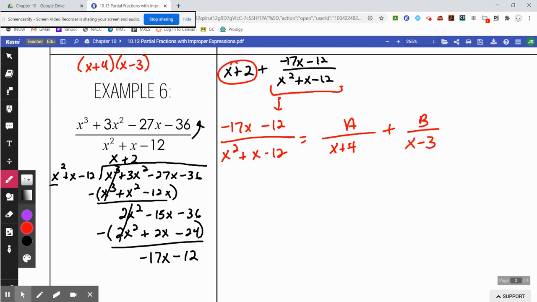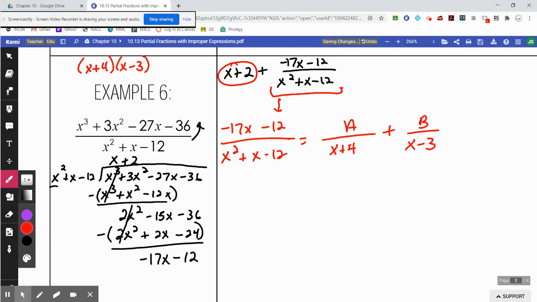So let's multiply everything by the common denominator first. And again, this is your common denominator. You're going to be left with negative 17x minus 12 equals, the x plus 4's cancel and leave you with a times x minus 3, plus the x minus 3's cancel and leave you with b times x plus 4.